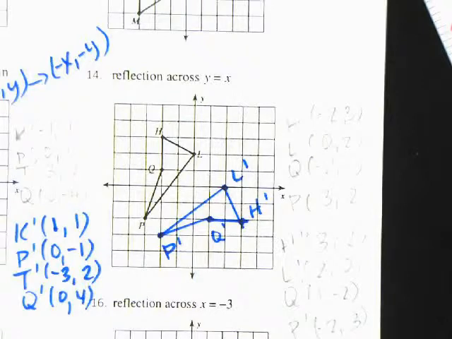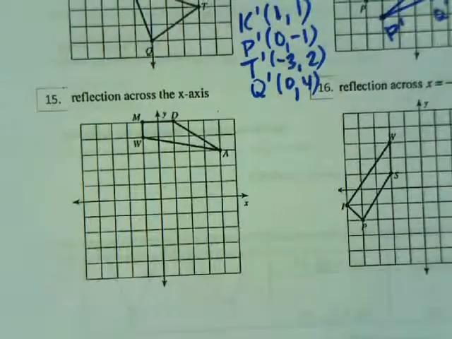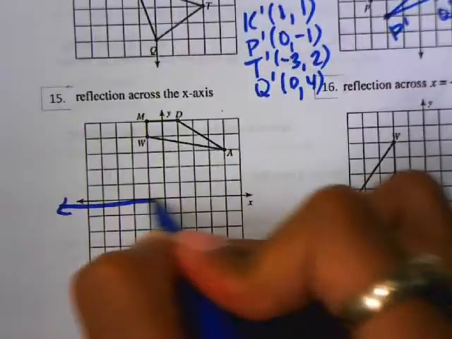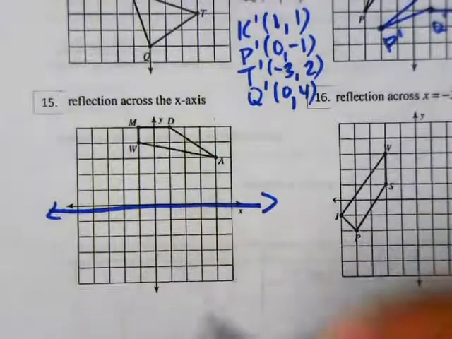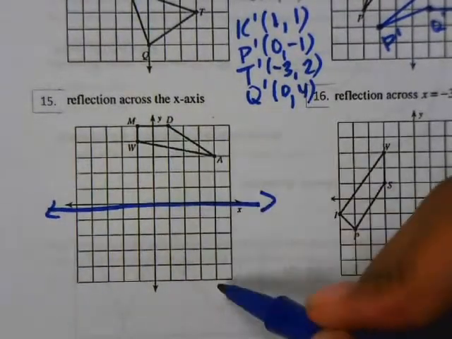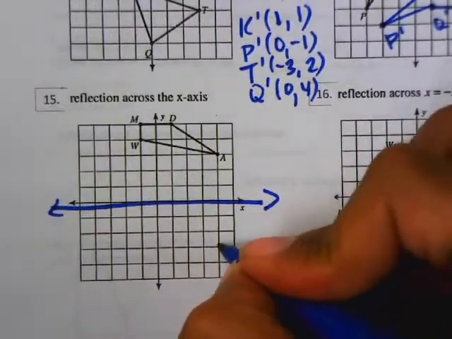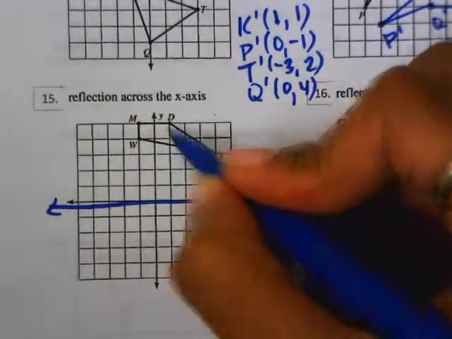Alright, next one, number 15, a reflection across the x-axis. So here's our line of reflection, the x-axis. So notice it's a horizontal line of reflection. So every point above is going to go the same distance below. So since A is 3 above, A prime is going to go 3 below. Since another point is 5 above, it's going to go 5 below. M prime is going to go 5 below.